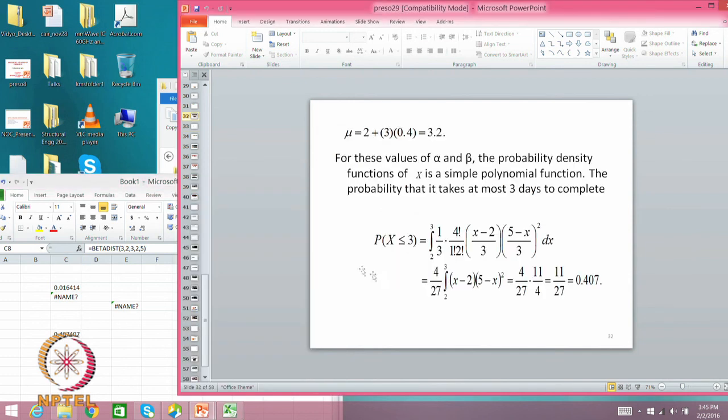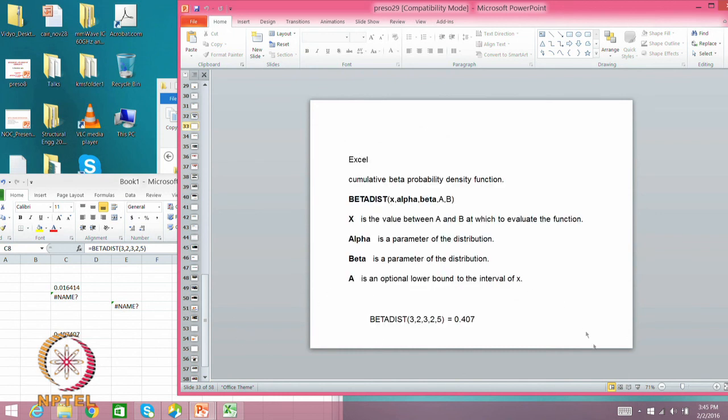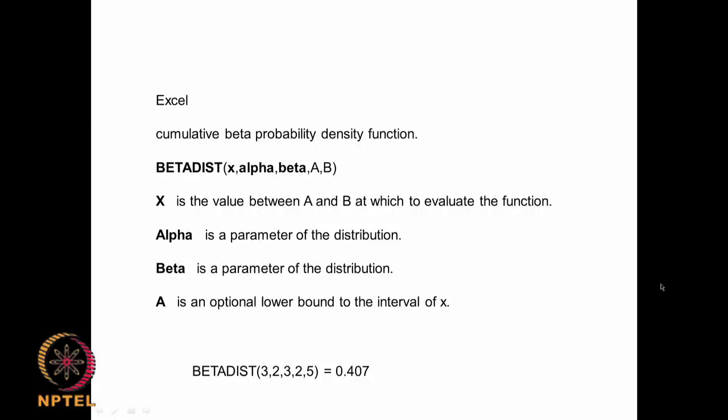That is the same as what is obtained by integrating this cumulative distribution function. So, we can use Excel to do the same thing, and Excel has this BETA.DIST command. You want to know the probability at any value of x, and you know the alpha, the beta, A and B. So, it gives you 0.407.